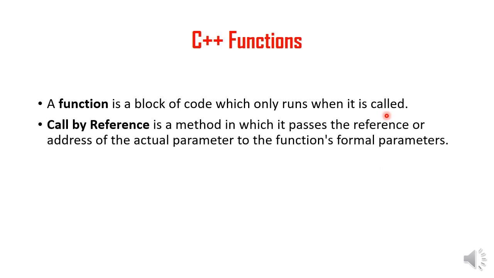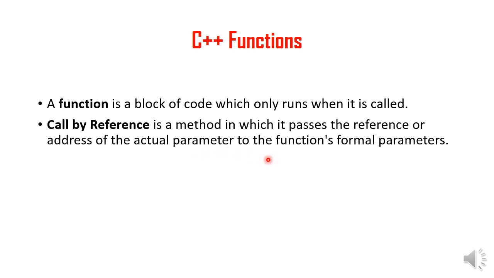Call by reference. As you know, we have two types of calling a function. We can call a function by value or call it by reference. So in this video, we see how we can call a function by reference. So what is call by reference? Call by reference is a method in which it passes the reference or addresses of the actual parameter to the function's formal parameters.